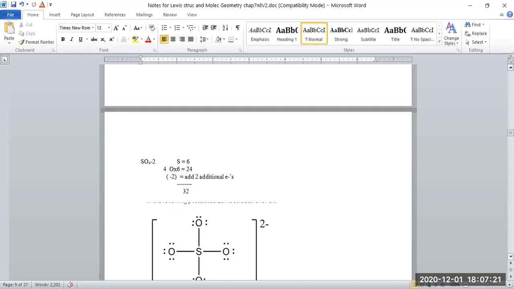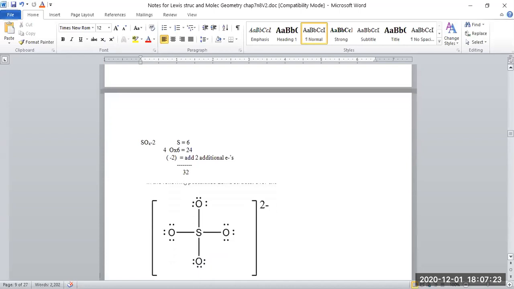So back to valence electrons. This one has more than you think it should. My sulfur, which is actually under oxygen on the periodic table, has 6. But each of my oxygens has 6 also, and I've got 4 of them.